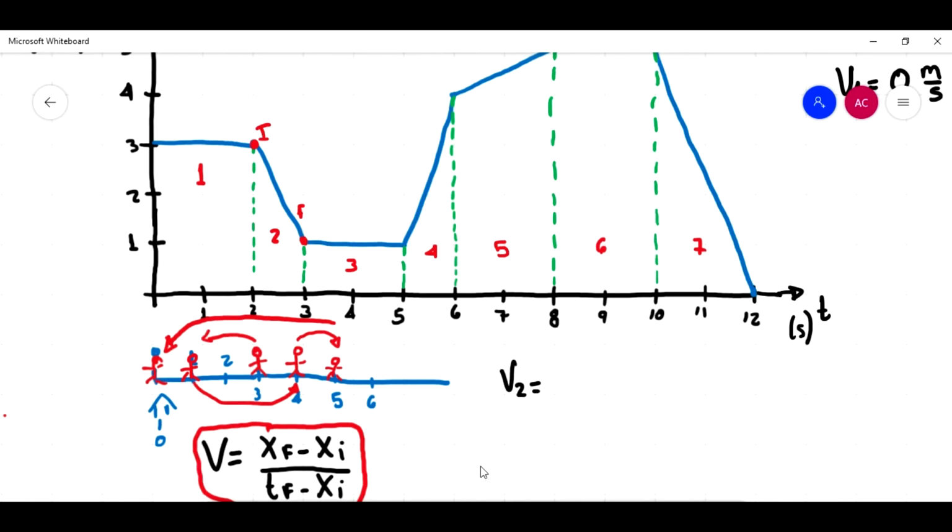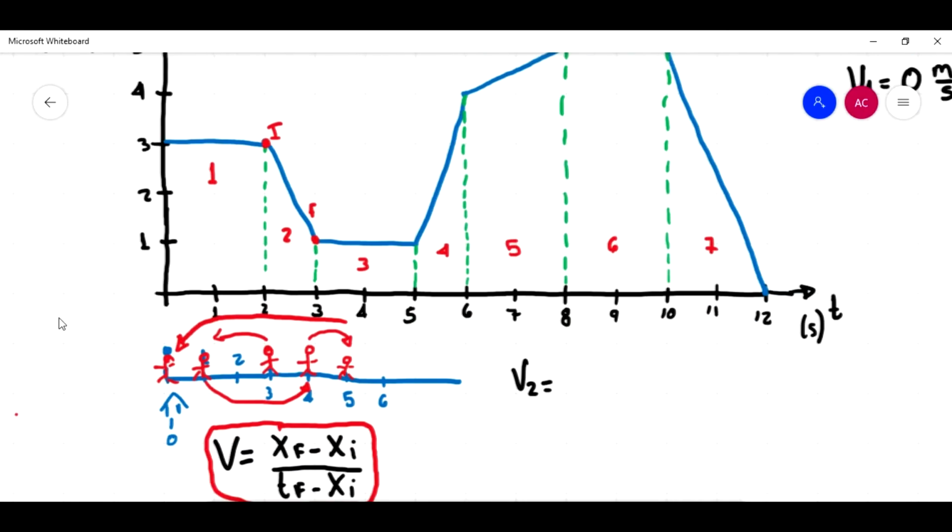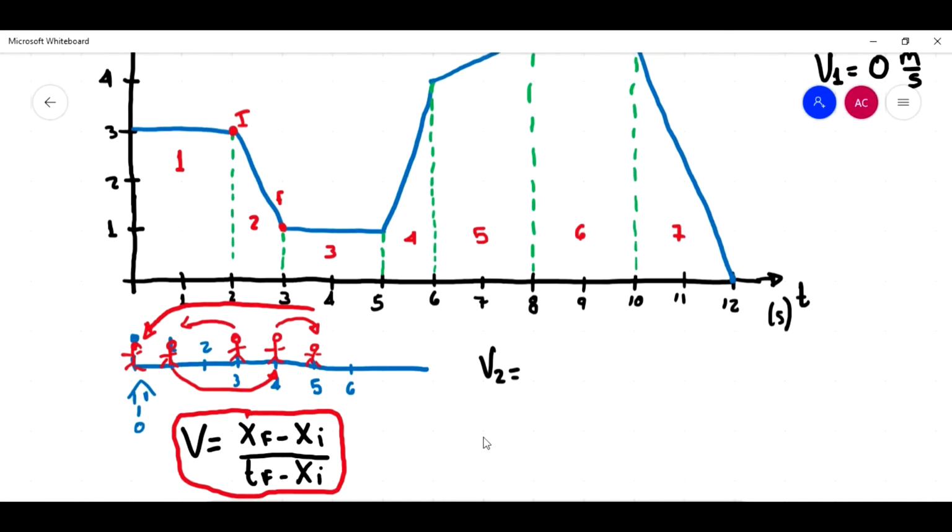So I'm going to substitute the final position of segment 2. The final position, if you see, on this axis over here, is 1 meter, minus the initial position, 3 meters, over the final time, 3 seconds, minus the initial time, 2 seconds.